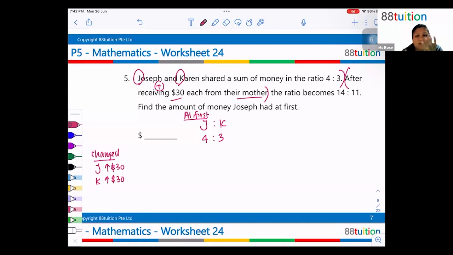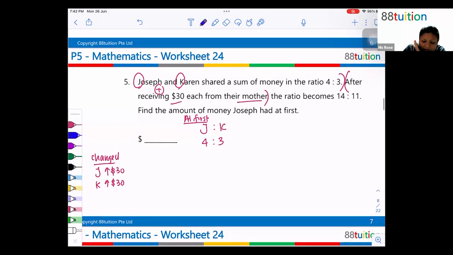Now, when you look at a ratio, there are 4 things that can change. Number 1, take note, what are the changes that you can see in a question? Number 1, the item, let's say item A, the first item, can increase or it can decrease.